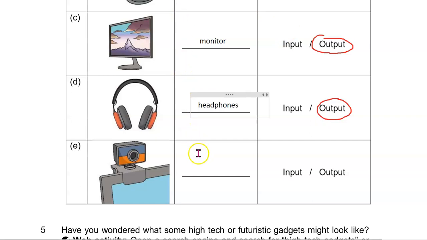Next, part E, this device is mounted to the monitor, so it is an input device. It is actually the webcam. Okay, so it's a camera, so it is an input device.